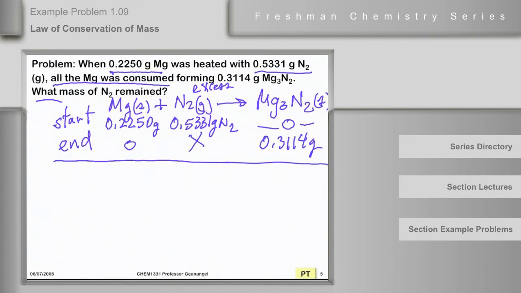We find X by taking advantage of the quantitative information that we're given. First of all, we need to find out how much nitrogen is present in the product. We know that the total mass of the product is 0.3114 grams magnesium nitride.